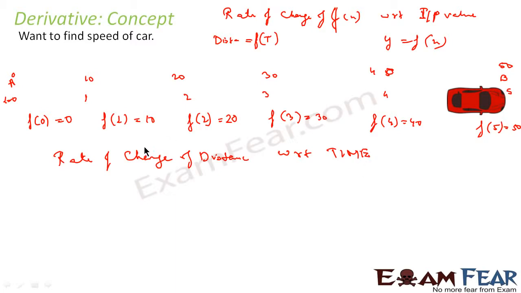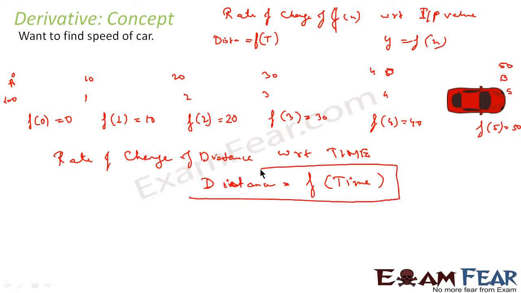To find this rate of change of distance with respect to time, we can use derivative, because here I have a function saying that distance is nothing but a function of time. So you give any time value, and it will tell you how much distance this car has covered. If you can create such a function, and then you want to find the rate of change of the function with respect to time, then you can find it using derivative.